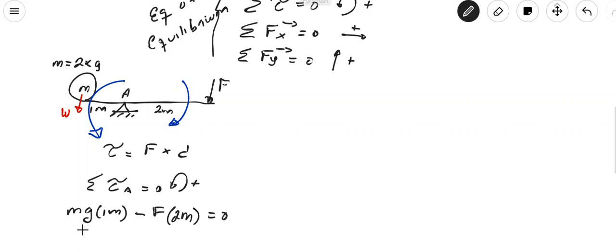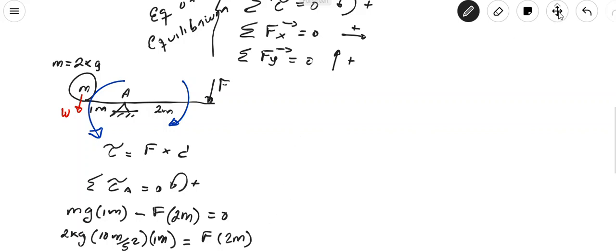Now, what is the mass? The mass is 2 kilograms times the acceleration of gravity, let me round it to 10 meters per second squared, times 1 meter, the distance from the mass to the fulcrum. Adding 2F to both sides, we bring the 2F to the right, so it equals F times 2 meters.